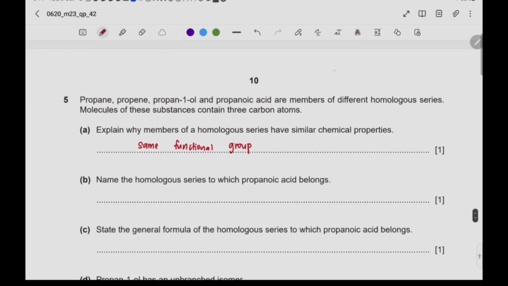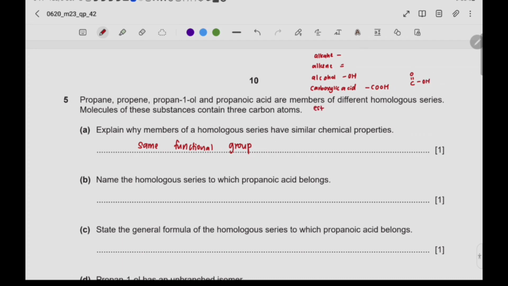Functional group, for example: alkane is all single bond, alkene has a double bond, and alcohol is the one with OH. Carboxylic acid, I always remember as COOH, but if you want to write it nicely, it's like this, COOH.